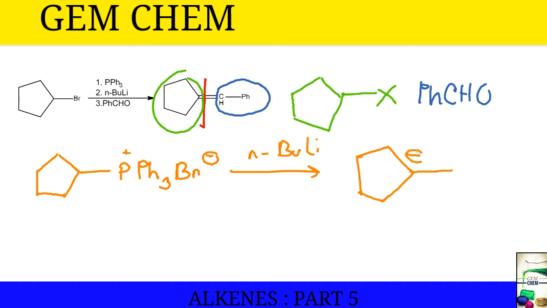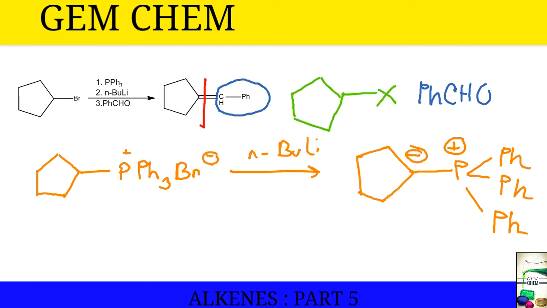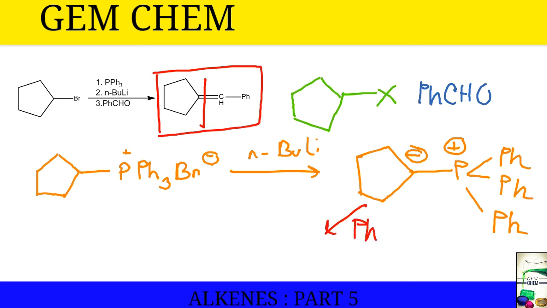That is, this part will contain minus and this part will contain plus. So we obtain the ylide, and this ylide attacks the carbonyl compound to give our desired product, that is this one. Right. Now this one is being prepared by this method, that is on adding further PhCHO.